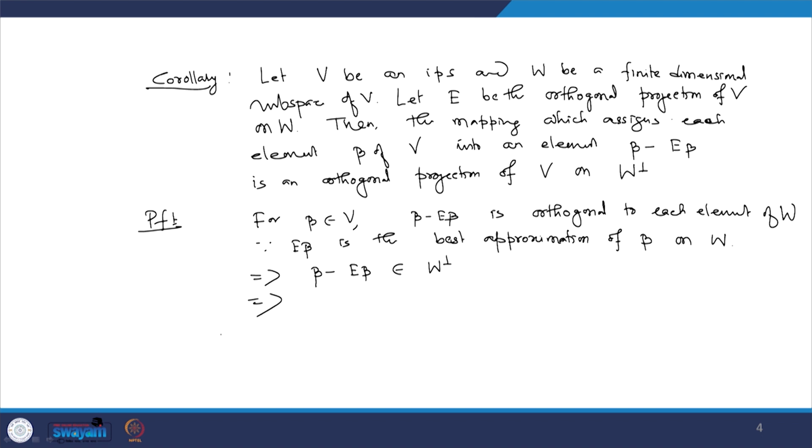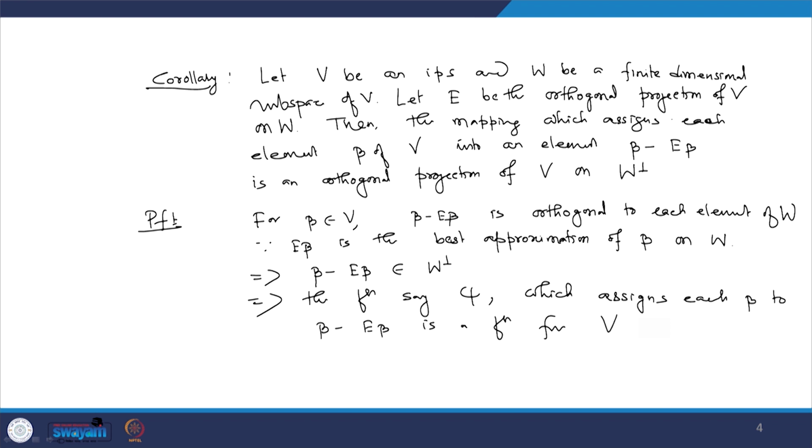So this implies the function, say psi, which assigns each beta to beta minus E beta, is a function from V onto W complement.